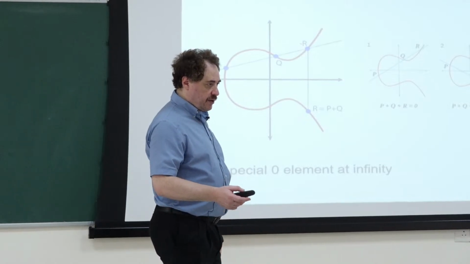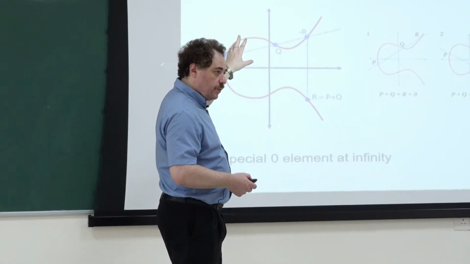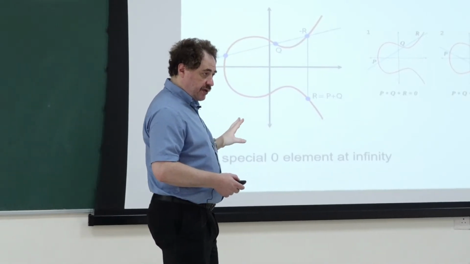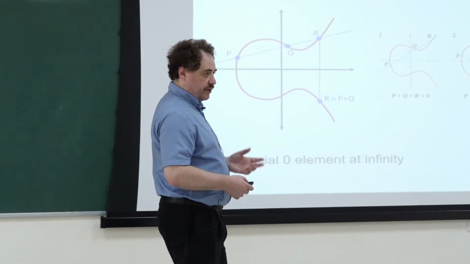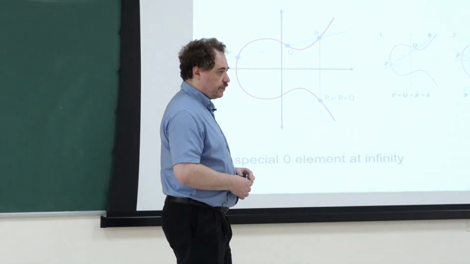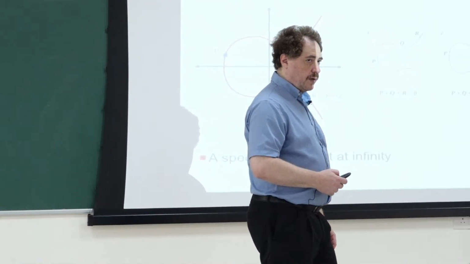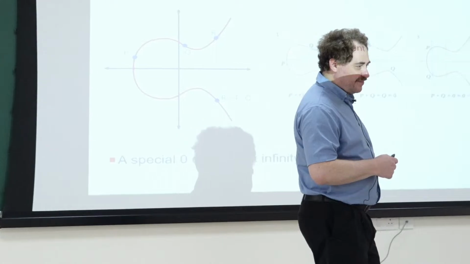Most elliptic curves have this shape. And again, this is what they use in the blockchain. It would depend on the application.